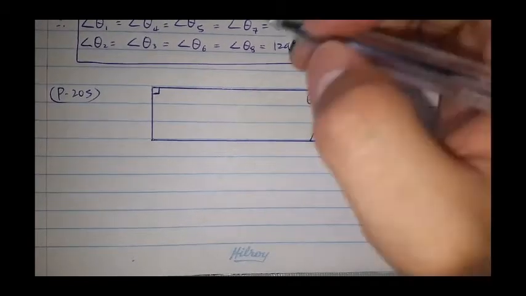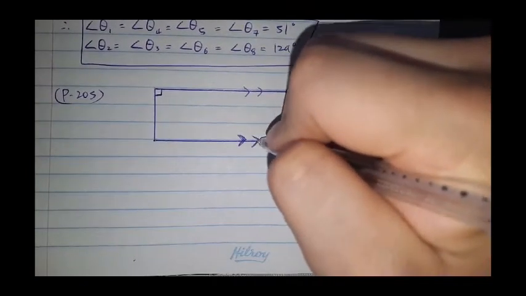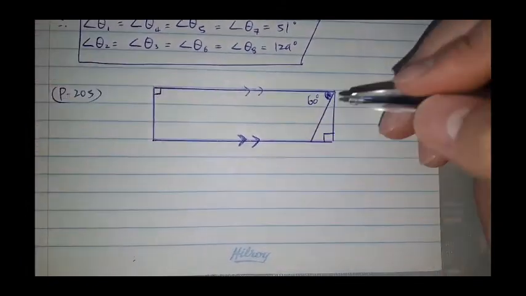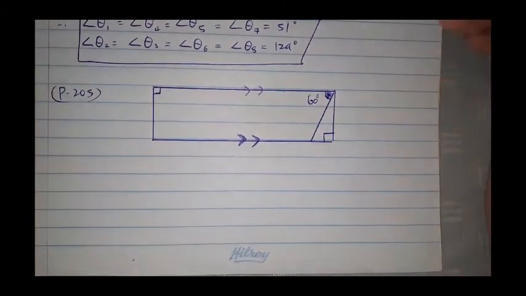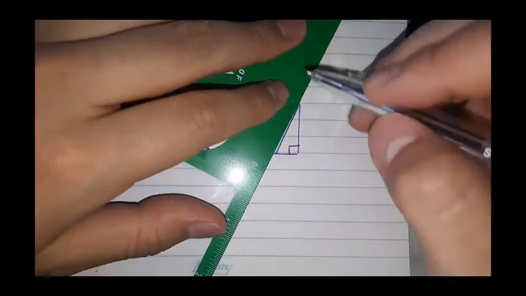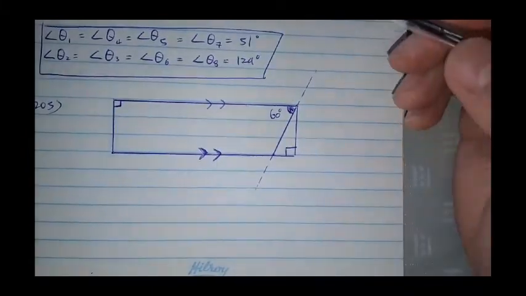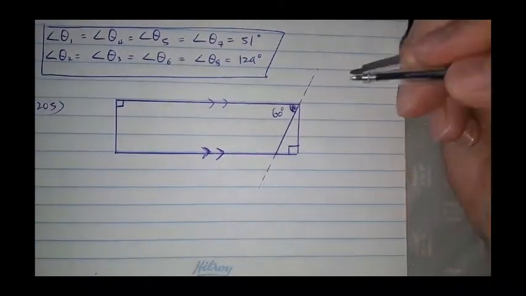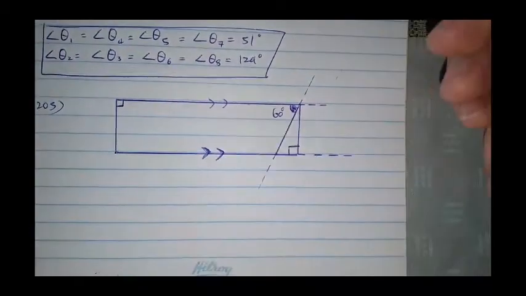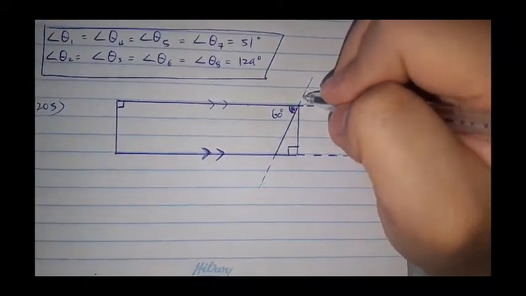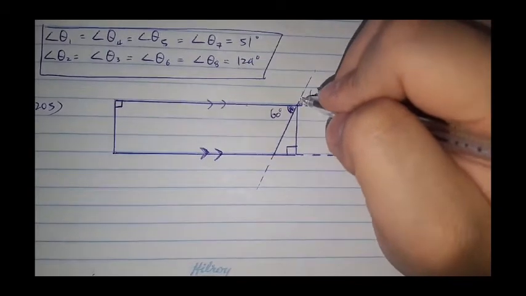Well, first things first, a rectangle means the horizontal lines are parallel to each other. That's a key thing, because if I extend this line beyond those parallel line segments, and I also extend these horizontal lines, let's just pretend they exist, you may notice that this angle you see from the dotted line is an opposite angle, so that's also 60.